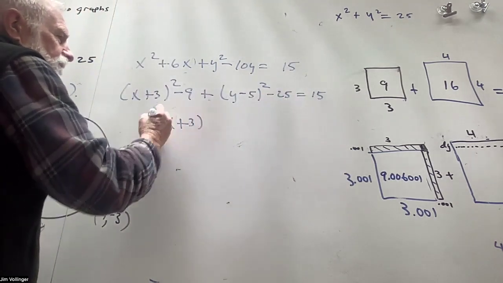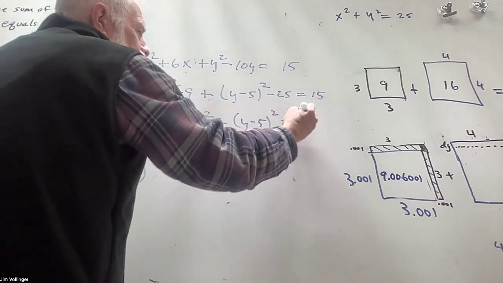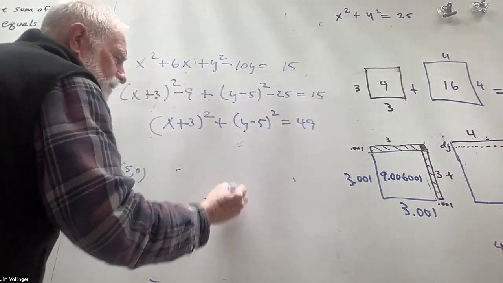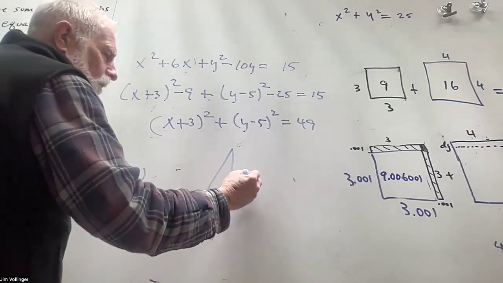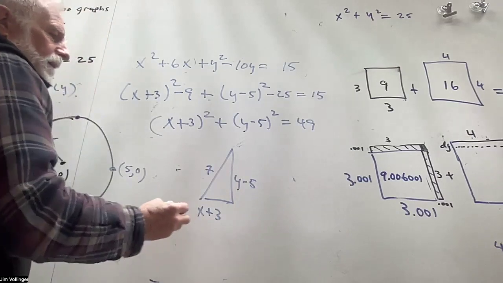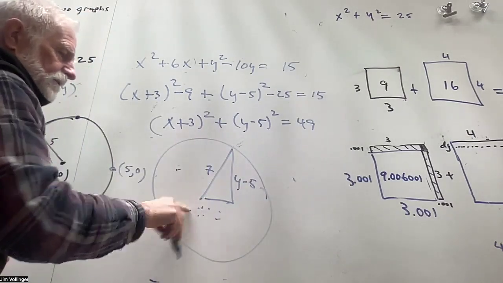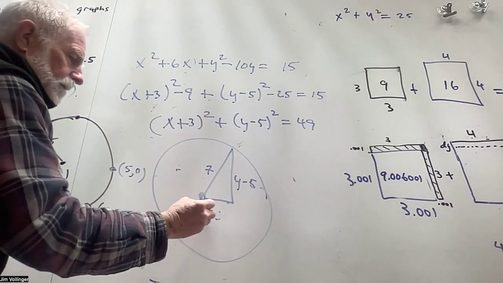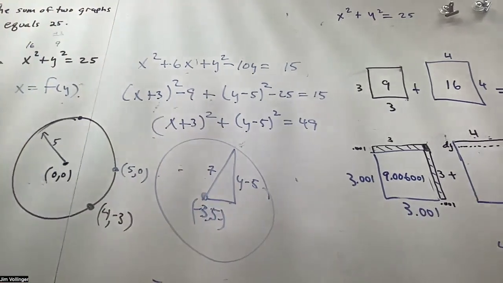So (x plus 3) squared plus (y minus 5) squared equals 49. And we can begin to see the relationship between a side length of x plus 3, y minus 5, and 7. And we'll continue having discussions centering this at (-3, 5). All right, so that's where we're headed, and enough of that.